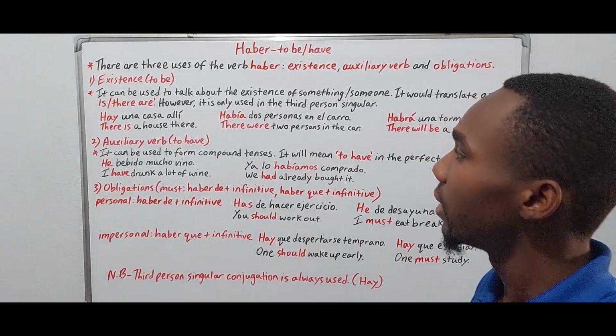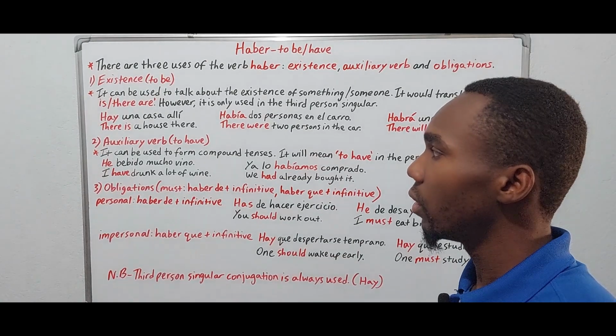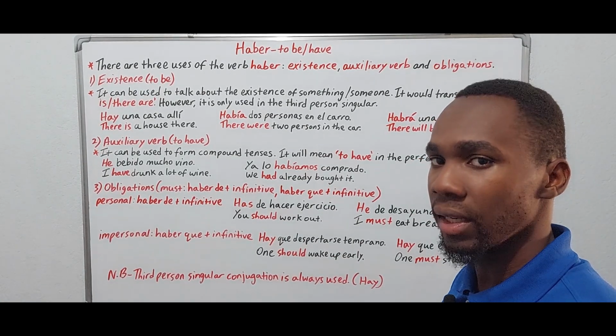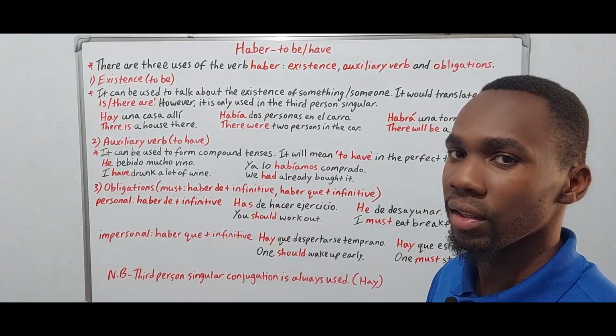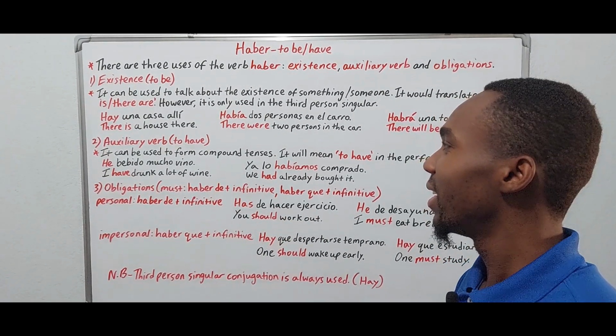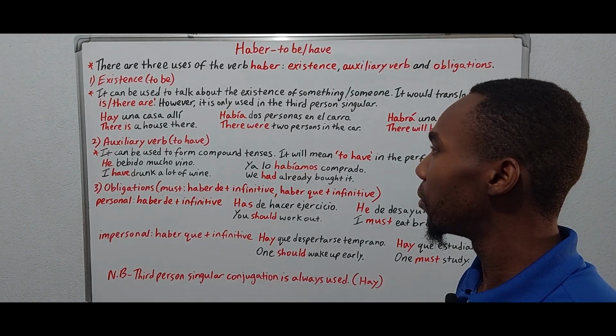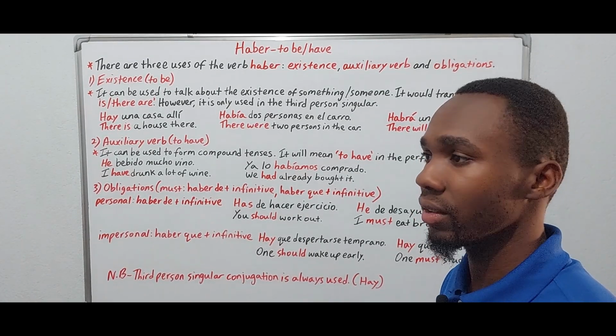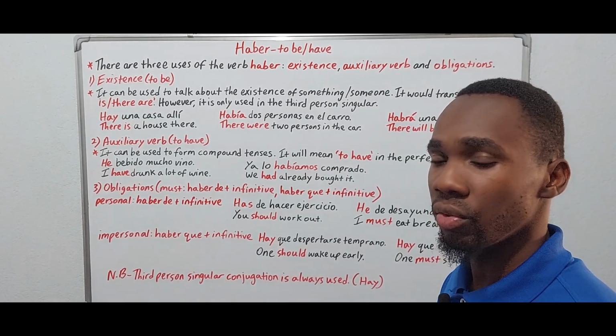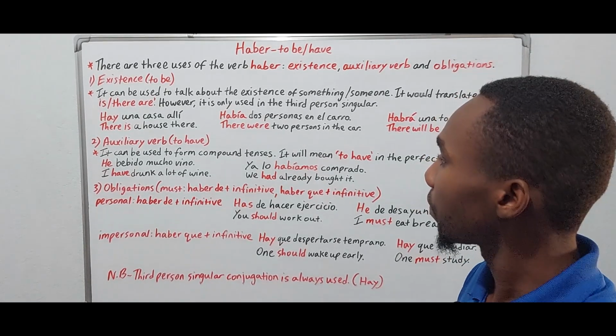Good. Two, auxiliary verb, and in this case it would translate as to have, but it's not the same as tener. It can be used to form compound tenses. Compound tenses refer to tenses which involve the use of more than one verb.